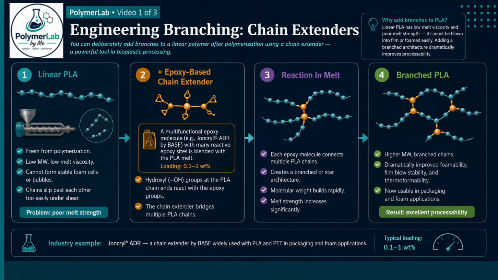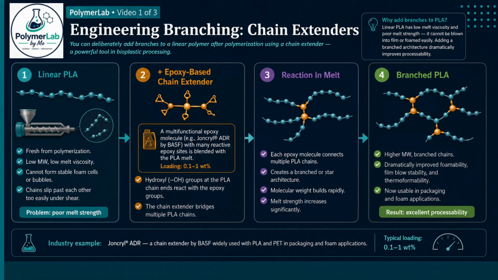The chains slide past each other too easily. Fresh linear PLA from polymerization has short chains, low molecular weight, low viscosity, and cannot stabilize foam cells or bubbles.